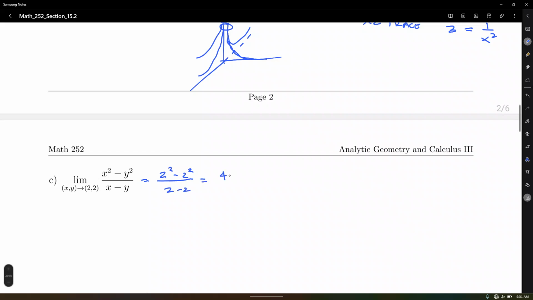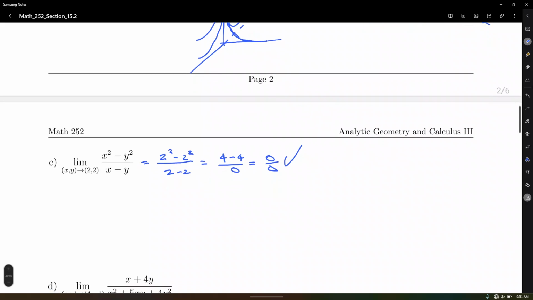That equals 4 minus 4 over 0, which is 0 over 0, which is good, finally. All right? So that means we can use any algebraic technique we can think of to simplify the expression in the limit in a way that we can get rid of those two factors that are causing the troublesome 0 over 0, and then we will be able to evaluate the limit.